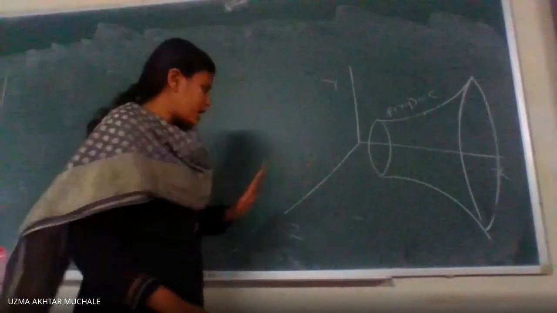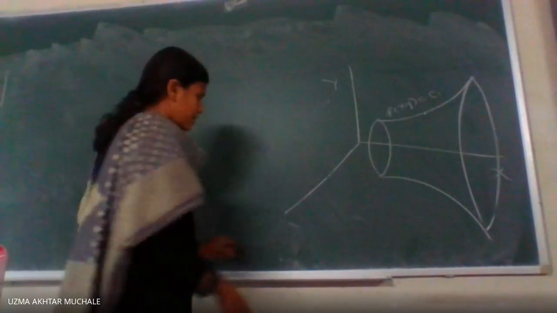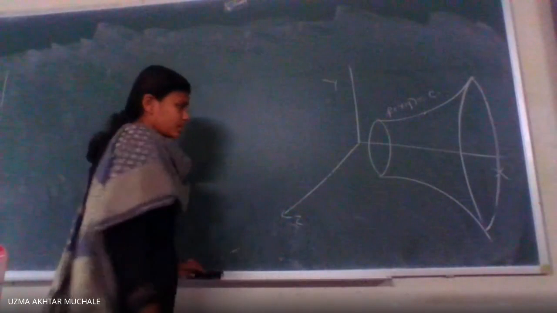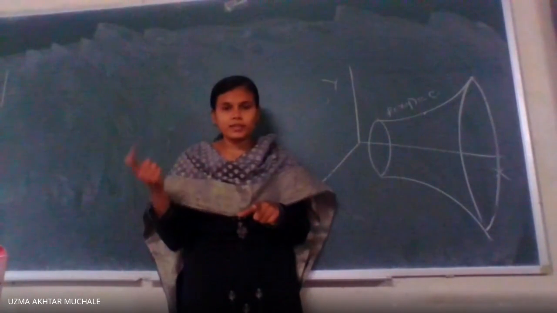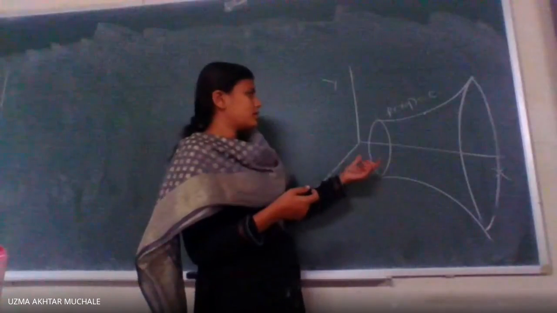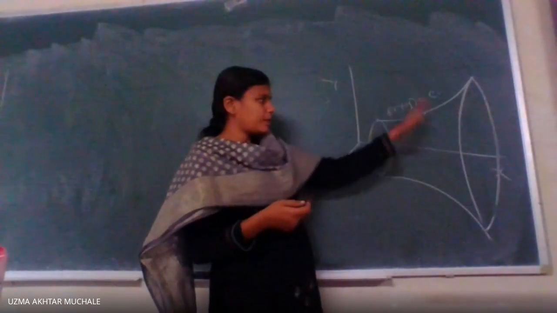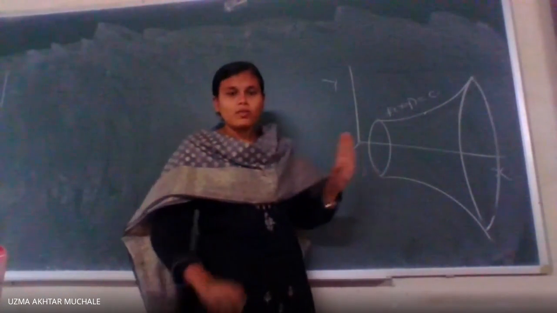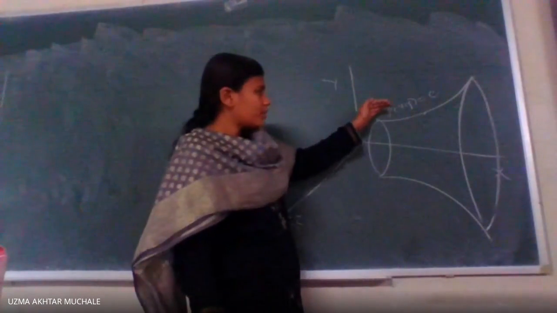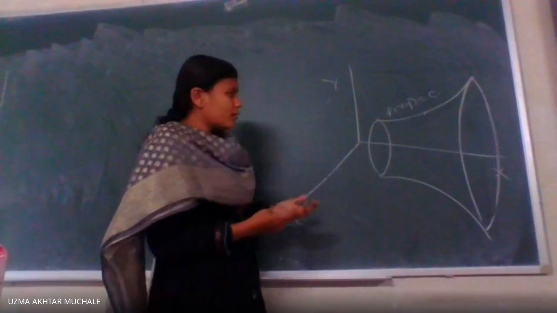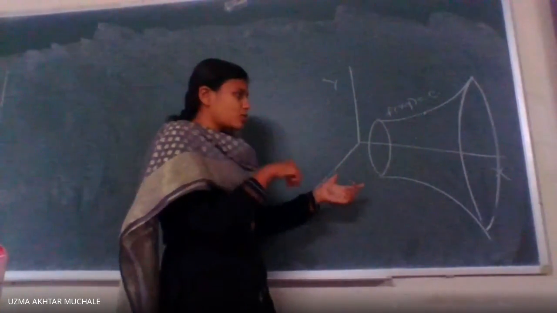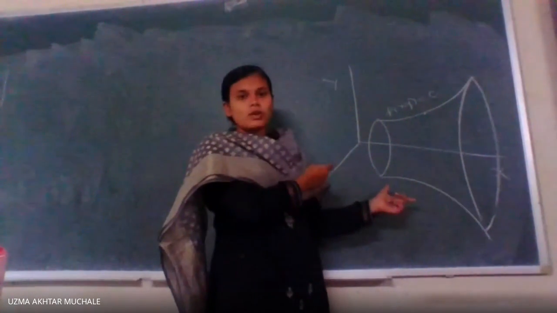Have you understood this part? Yes, anyone can answer. What we have to do: first we are provided with one curve. We have to verify whether the surface of revolution we are obtaining will be a surface or not. For that, we are provided with one equation of a curve. Next, if I want to find out whether this is a surface, first we should know the equation of this geometric object.